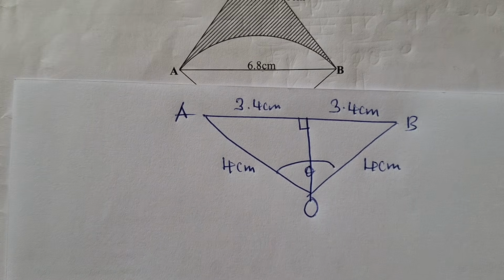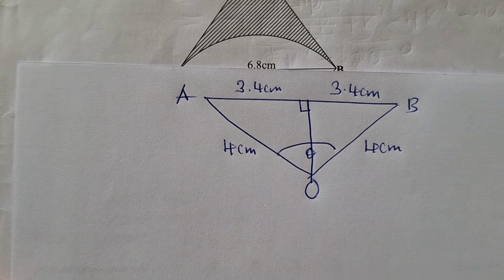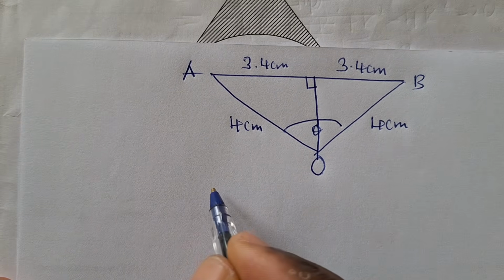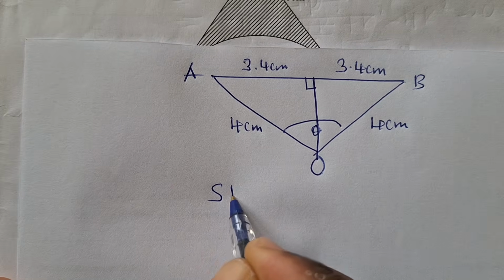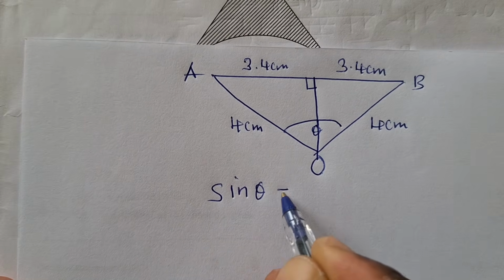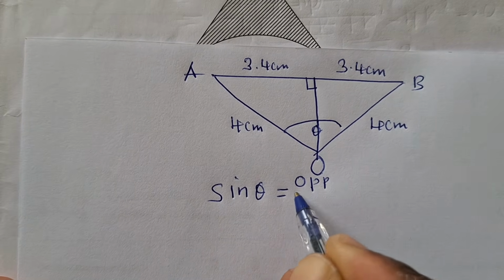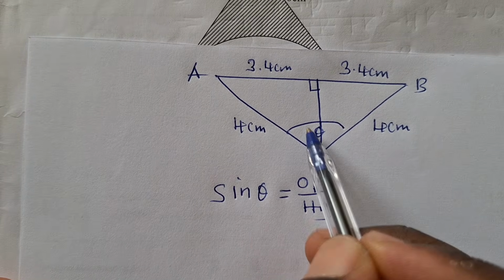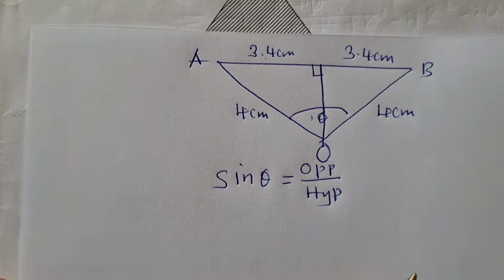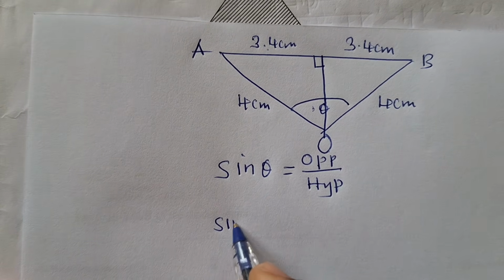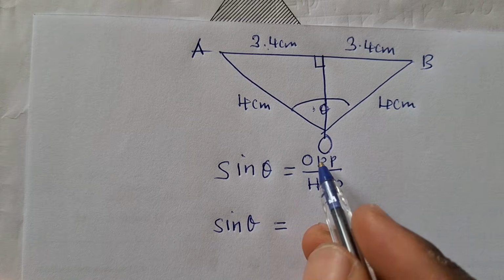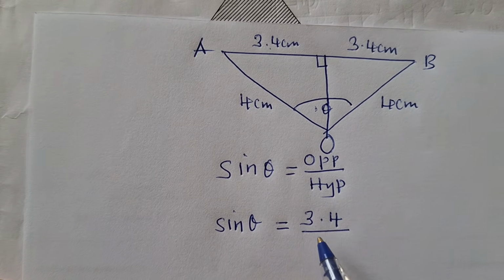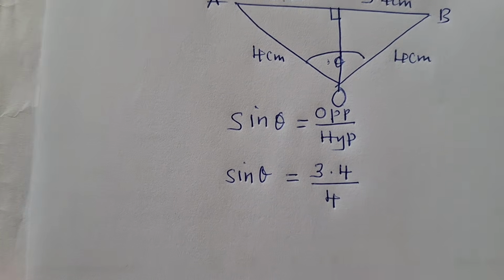So now, I can use SOHCAHTOA here to find an angle. So sine theta will be equal to opposite over hypotenuse. I've got the opposite and the hypotenuse. So I can say sine theta is equal to, what is my opposite? It's 3.4 over the hypotenuse, which is 4.